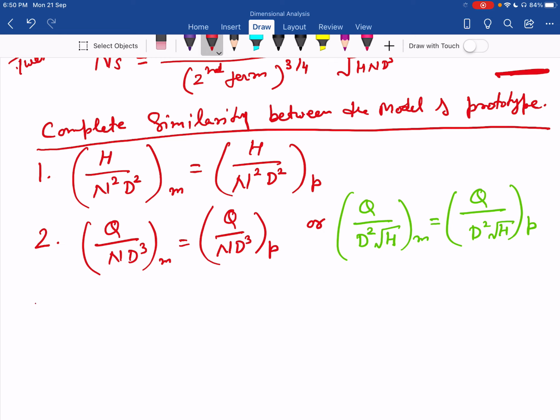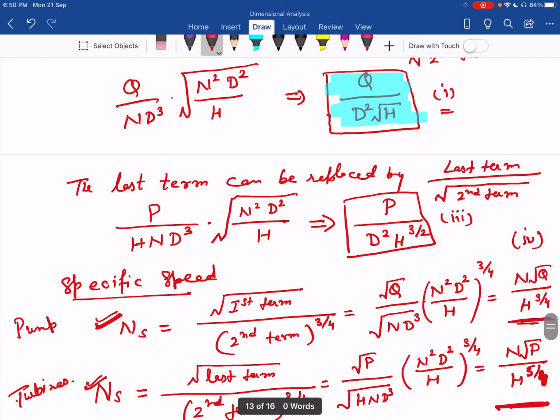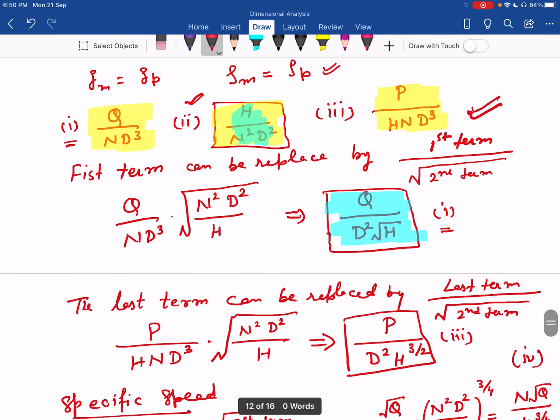Equation number 3 is either this one or this one.